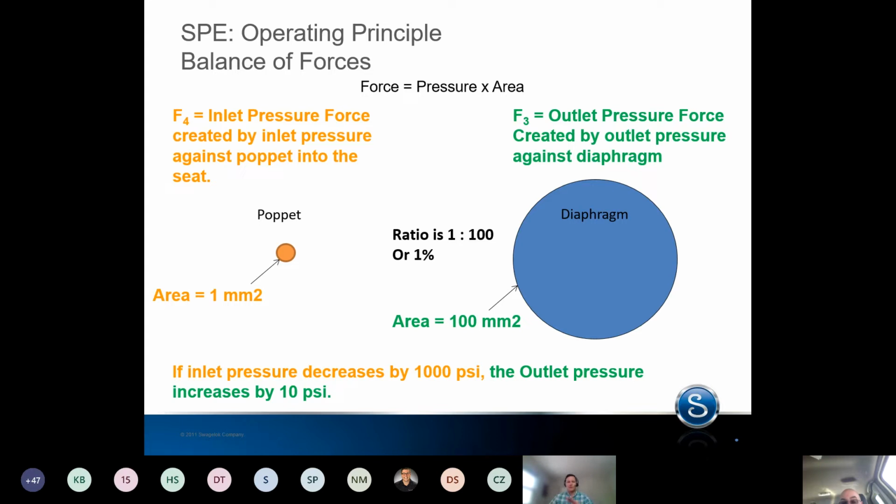Most often these are listed in the documentation or catalogs as percentages or ratios of SPE. What that means is that if our inlet pressure decreases by 1,000 psi, the outlet pressure will increase by 10 psi, and this maintains the balance inside of that regulator.